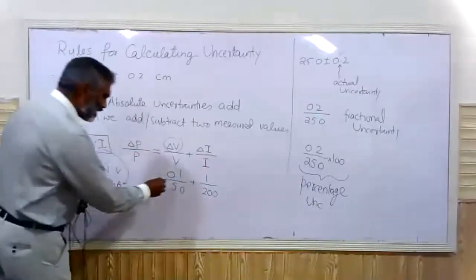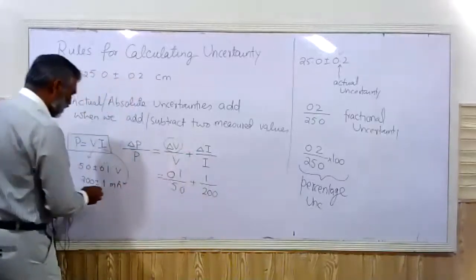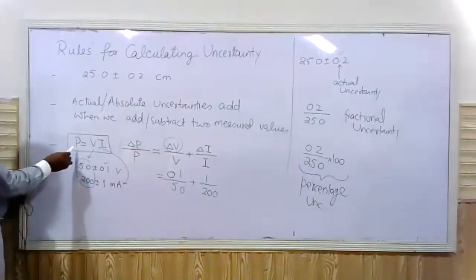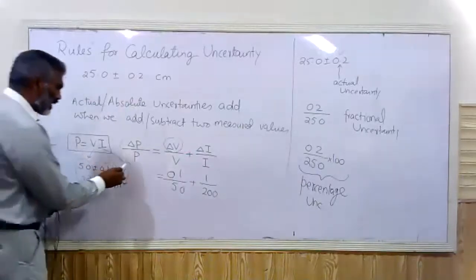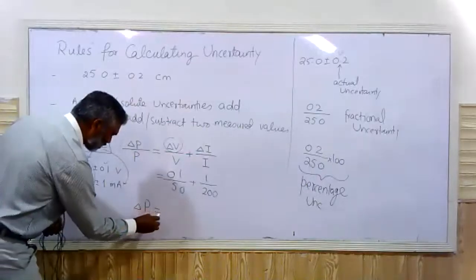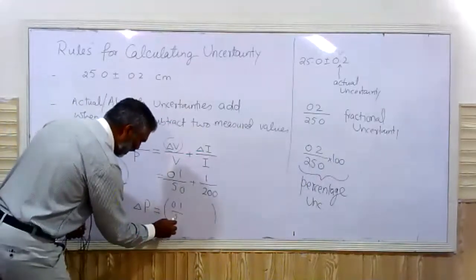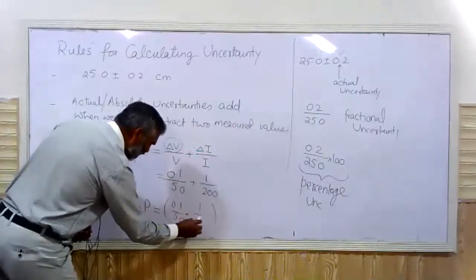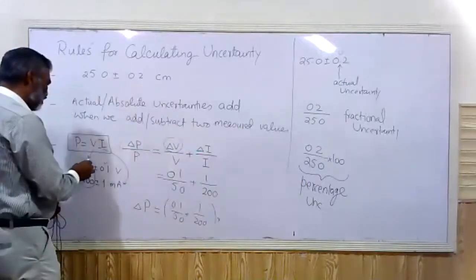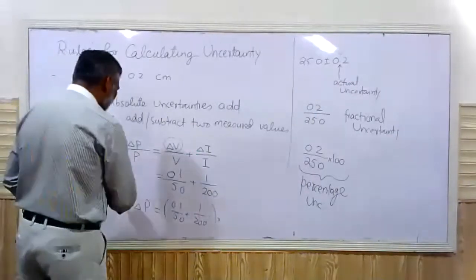You simplify this all. When you simplify this, you use these two measured values to calculate the value of P, which you can use here. So delta P will be simply equal to what you get here, 0.1 over 5 plus 1 over 200 multiplied by 5 into 200 into 10 raised to the minus 3.